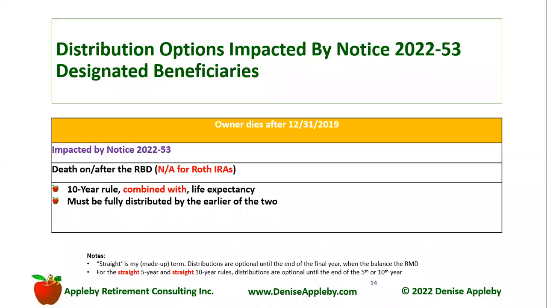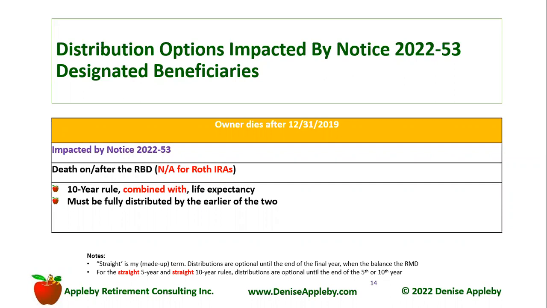And if so, were any of those a non-person beneficiary? And if so, would the non-person beneficiary take a full distribution by September 30th of the year following the year of death, right? Are you a successor beneficiary, or are you the original primary beneficiary? Answers to these questions will determine what the distribution options are.